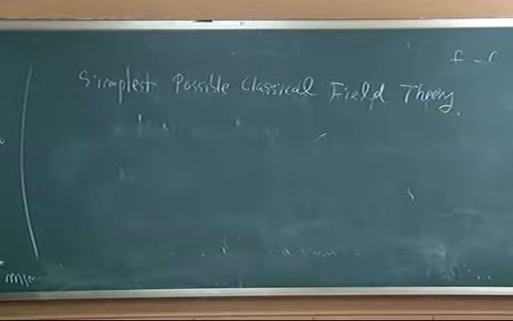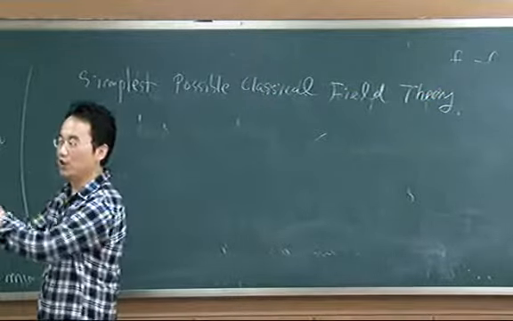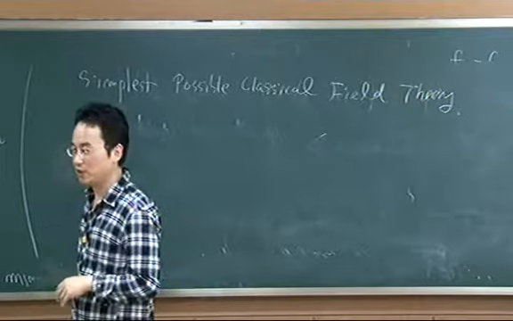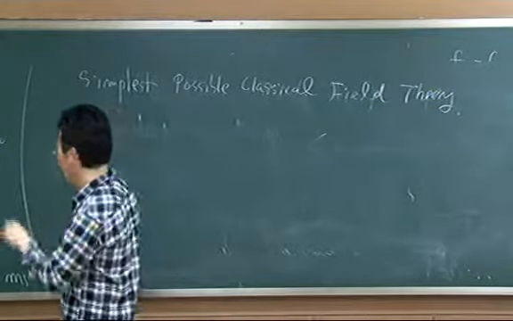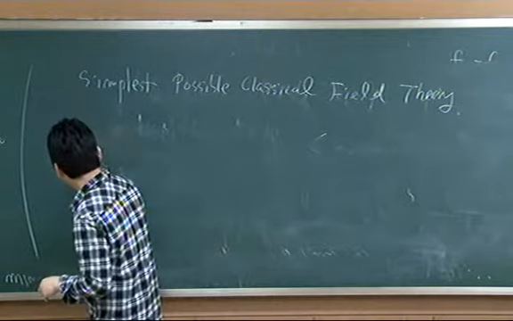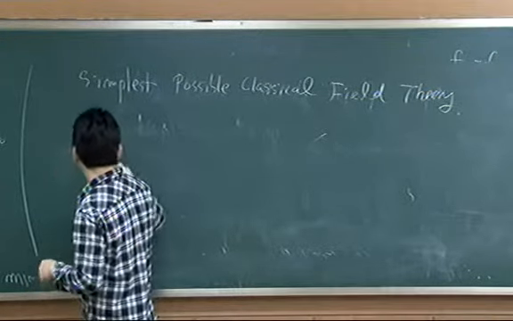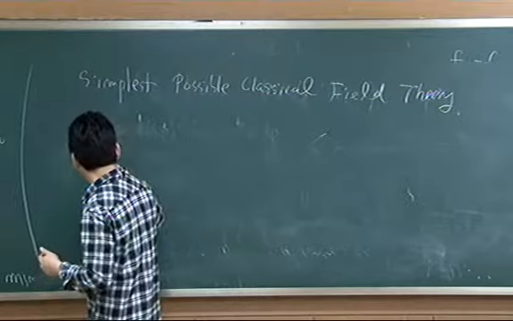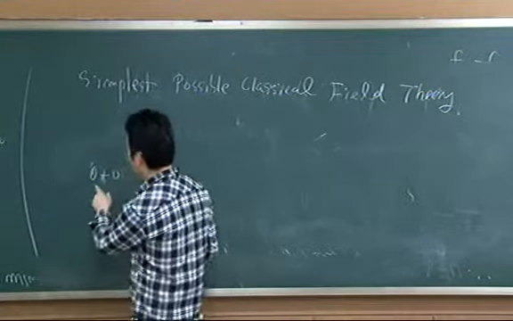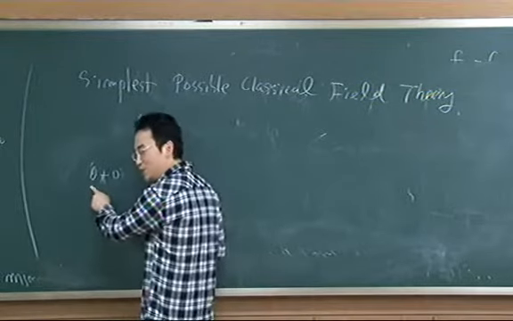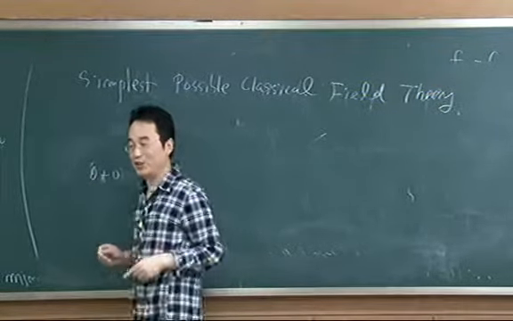So usual mechanics is 0+1-dimensional classical physics. Physicists will say n plus. When I say 0+0, it means my space dimension is 0 and time dimension is 0.